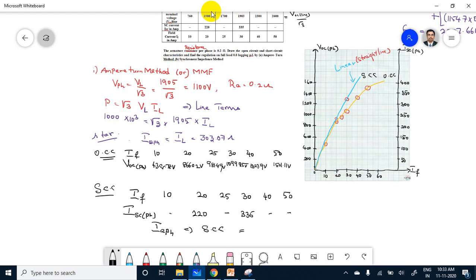So how much is our IA per phase? It is 303.07. It comes around here. And from this, please draw a straight line.